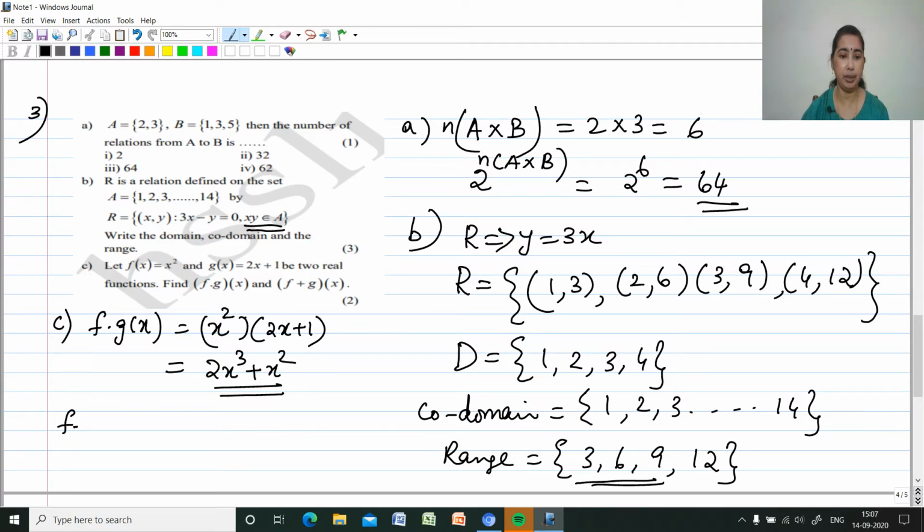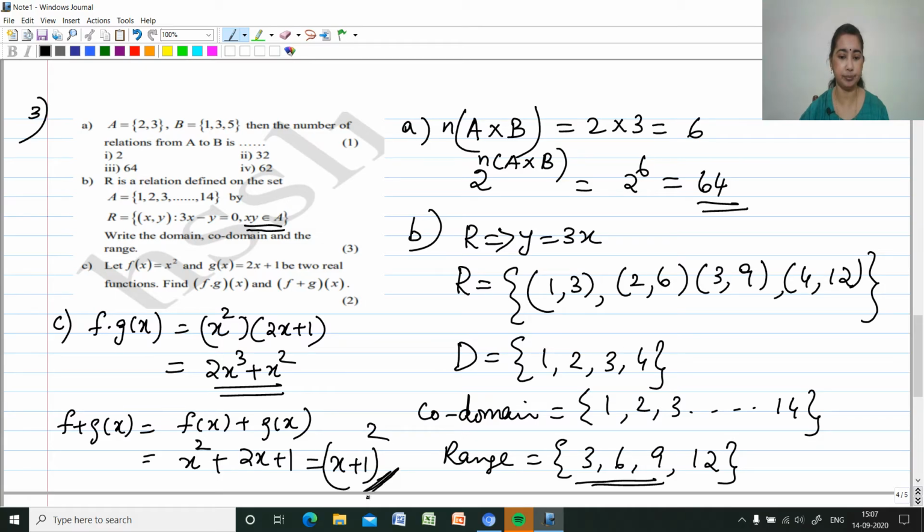What about f plus g of x? F plus g of x is the same as f of x plus g of x, and how much is f of x given? It is x square, and g of x is given as 2x plus 1. Adding both, we can write it as x plus 1 whole square. It is f plus g of x.